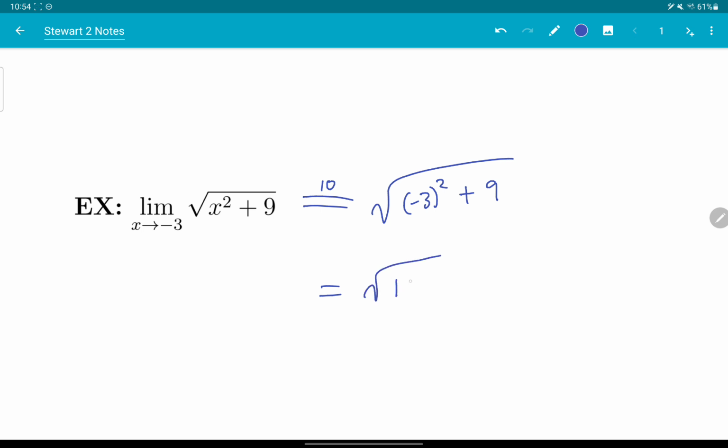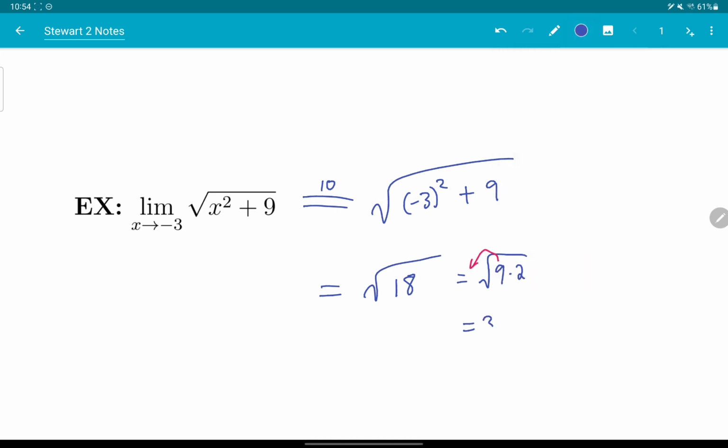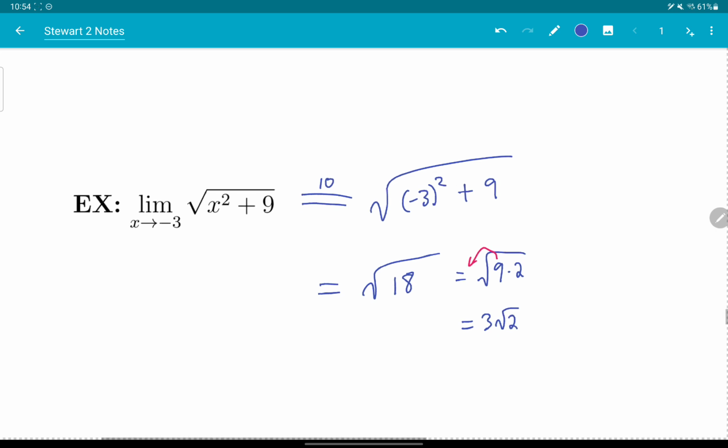And I get square root 18, which is 9 times 2 inside. And then the 9 can come out. Boop, and when it comes out, I square root it. It becomes 3. Square root of 9 is 3.